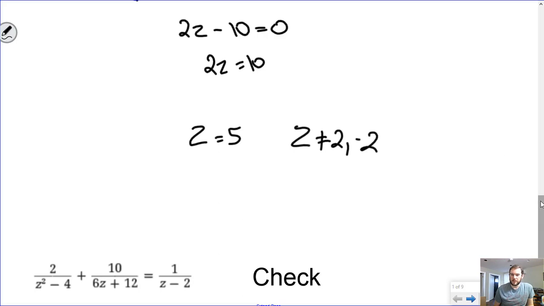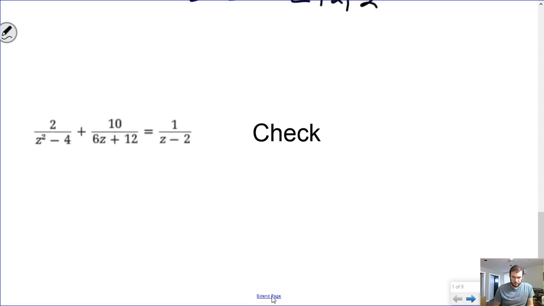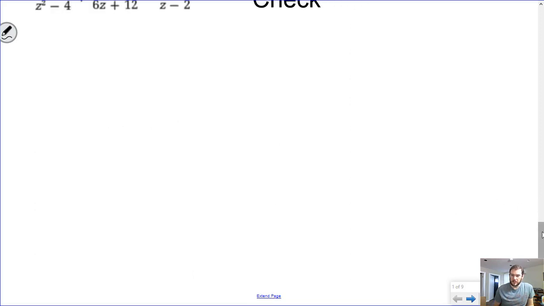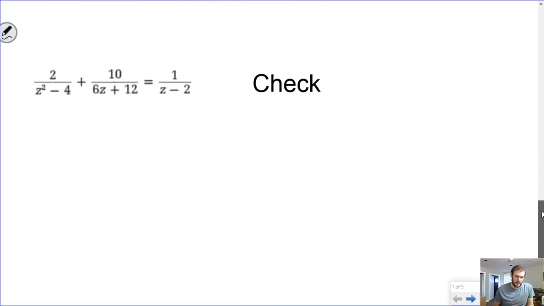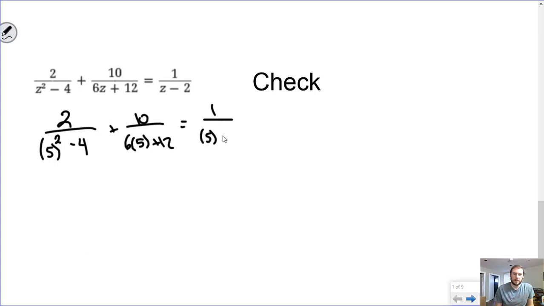So at this point, what we should do with that 5 is check. We should check to make sure that the 5 will actually work and that it's not going to give us something that doesn't work, right? So we're going to take that 5 and plug it in here for z. We're going to say 2 over 5 squared minus 4 plus 10 over 6 times 5 plus 12 is equal to 1 over 5 minus 2.